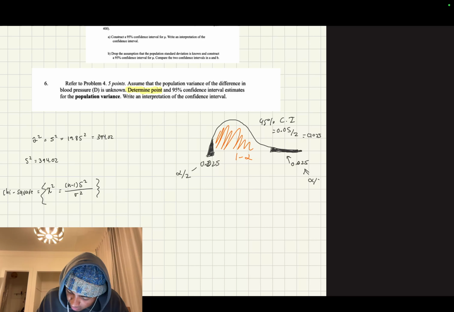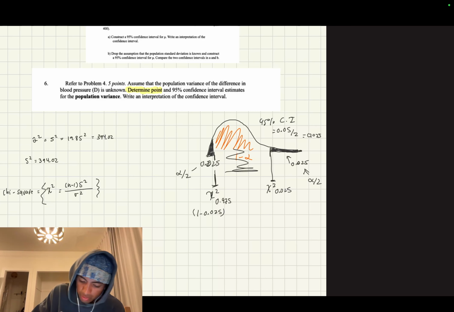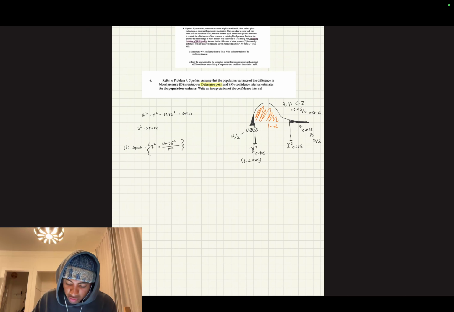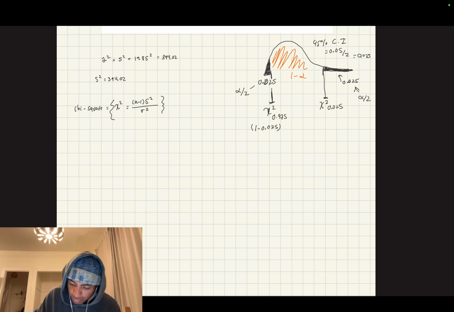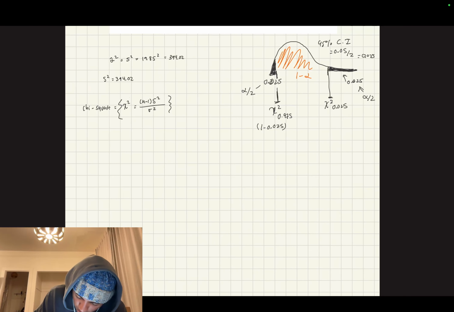We're saying that the thing we're looking for is within these intervals, at chi-squared at 0.975, which is 1 minus 0.025 on this side, and chi-squared at 0.025 on this end. We're saying that it's somewhere in here. Let's write this out algebraically.